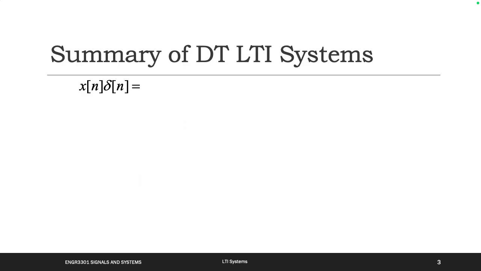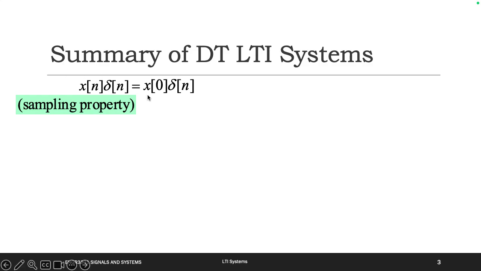Using the sampling property, it is x[0] delta[n]. What's the name for delta[n]? Impulse. h(t) and h[n] is the impulse response, and this is the impulse function.